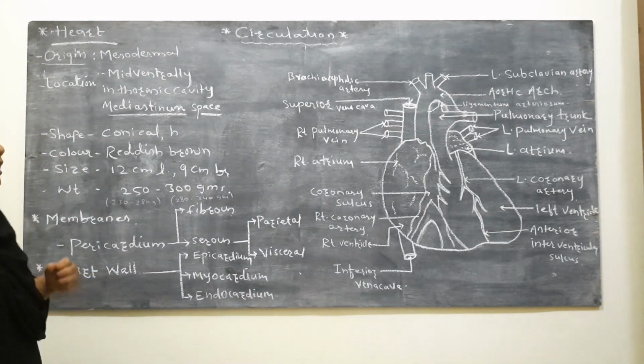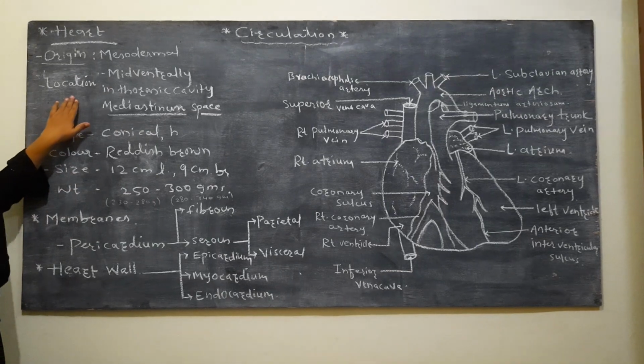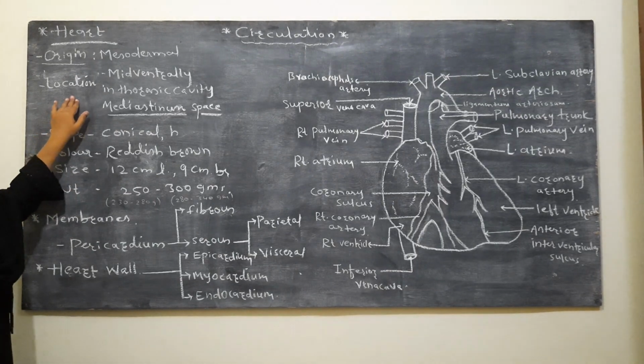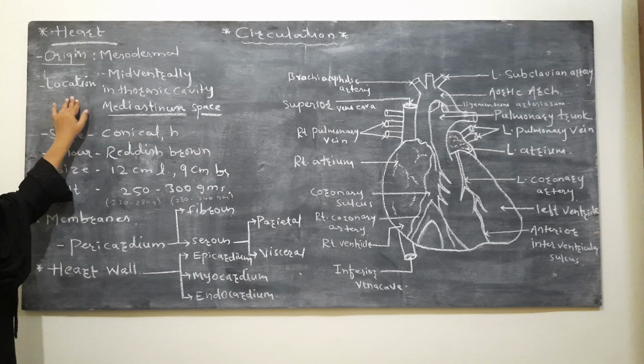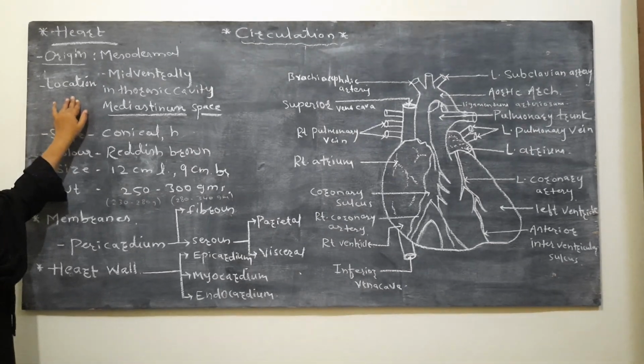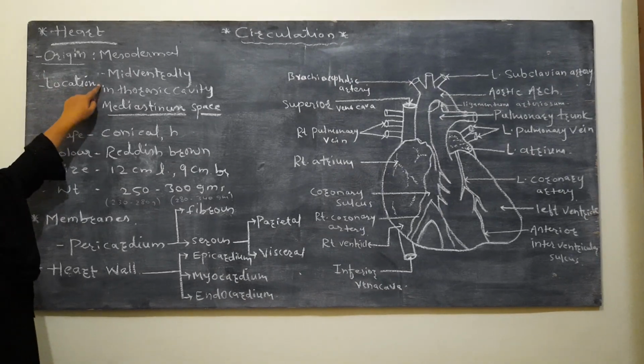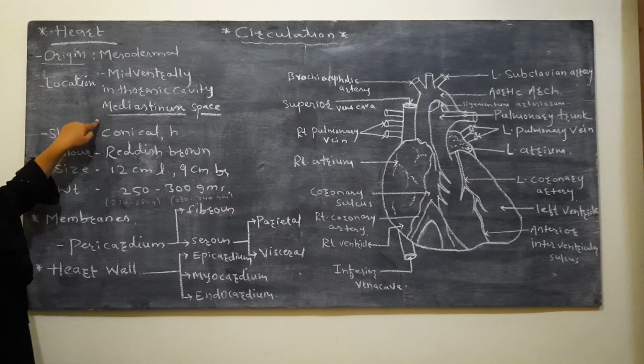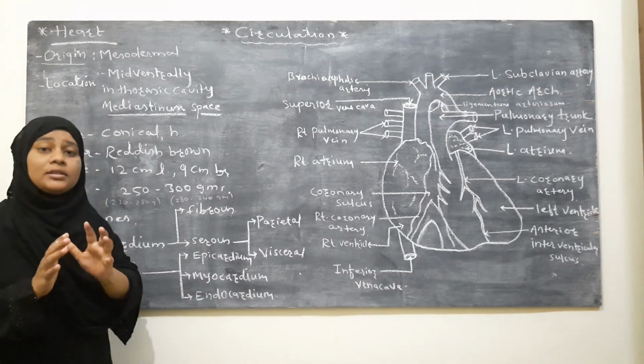Let's discuss about it. So the human heart is located in the center of the thoracic cavity, just behind the sternum. It is situated mid-ventrally in the thoracic cavity, in between the two lungs.